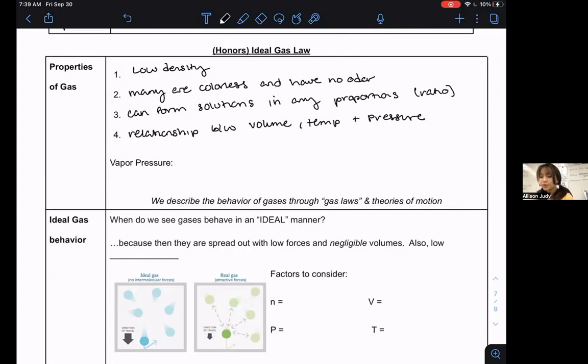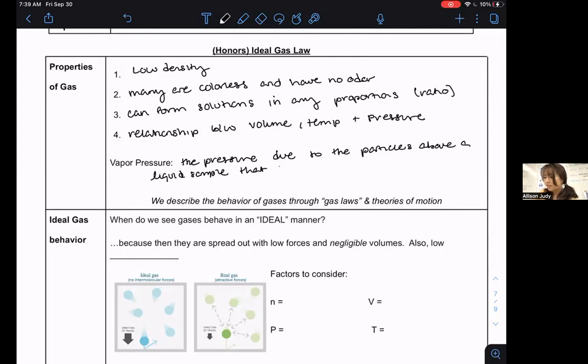Now, you probably have heard of the term gas pressure or vapor pressure, and there's actually a slight difference. Vapor pressure is the pressure due to the particles above a liquid sample that have entered the gas phase.